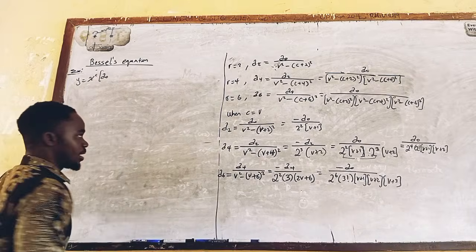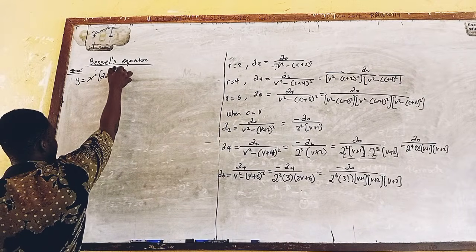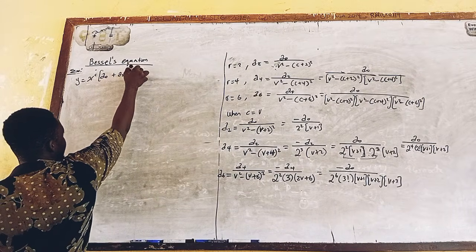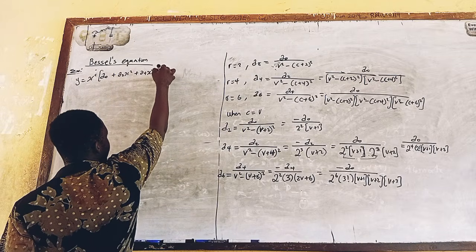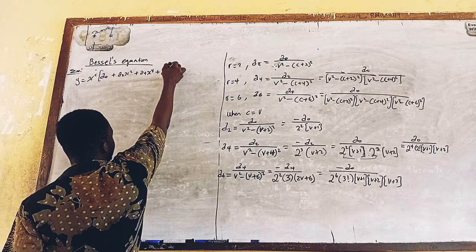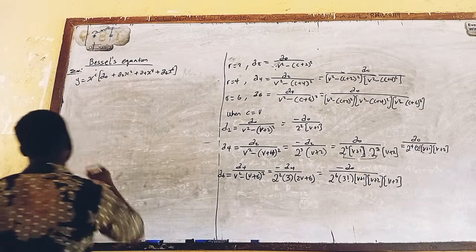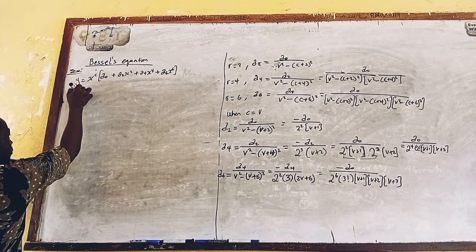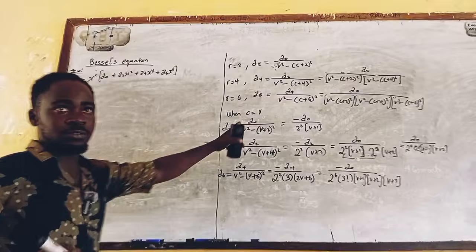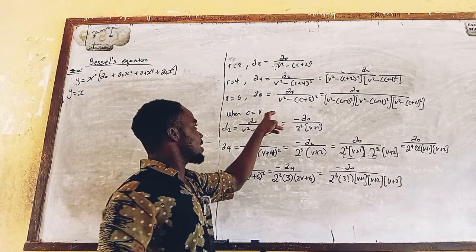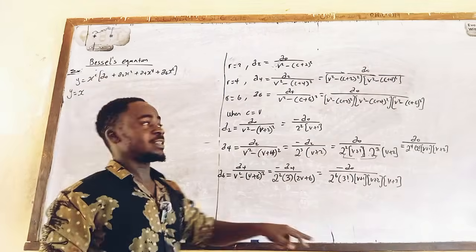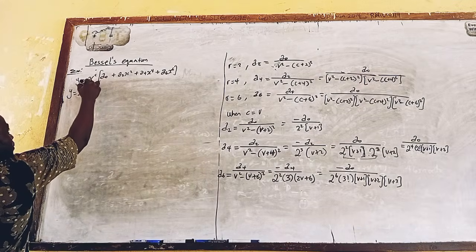Remember, there is no a1, so we don't need to write down a1. So we have a2 x squared plus a4 x raised power 4 plus a6 x raised power 6. Y equals x raised power v now. You know, we have this one when c equals v. So you now put that v there.